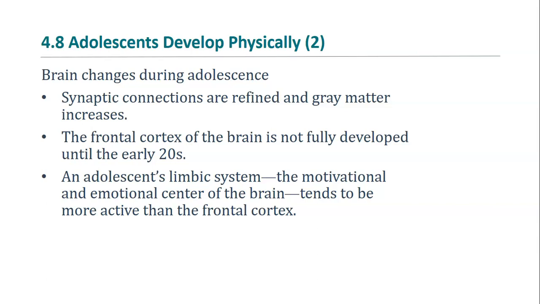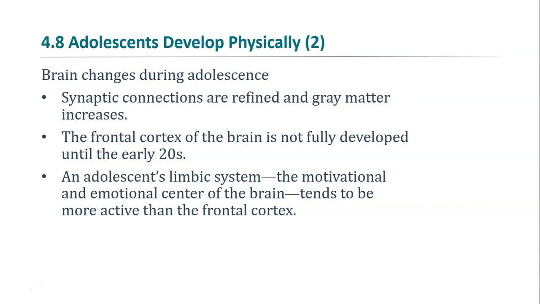During adolescence, the connections in the brain are refined, and this process is not fully complete until approximately the mid-20s. One of the last areas of the brain to complete those connections is the frontal cortex, which is involved in things like reasoning and impulse control.